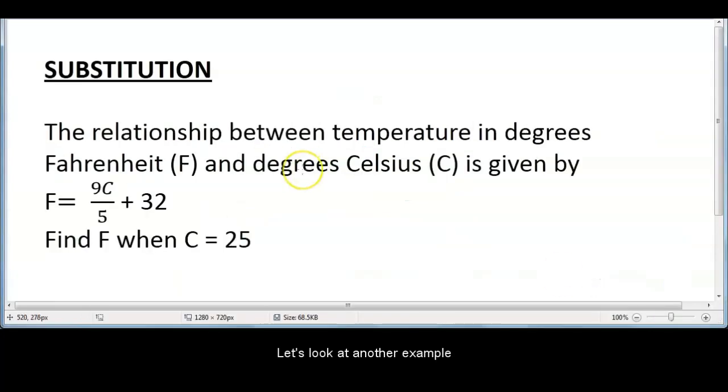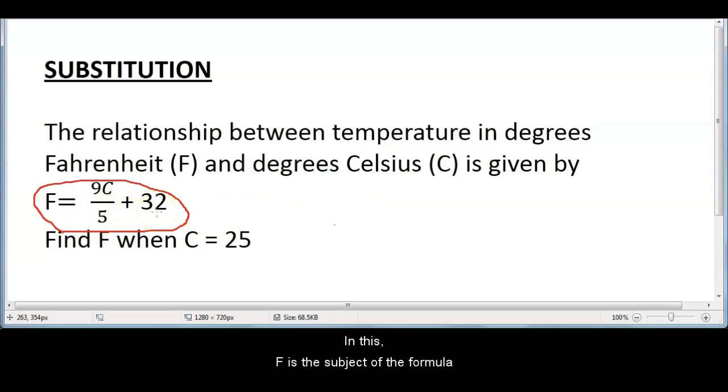Let's look at another example. The relationship between temperature in degrees Fahrenheit and degrees Celsius is given by F equals to 9C over 5 plus 32. Find F when C equals to 25. We have that F equals to 9C over 5 plus 32.